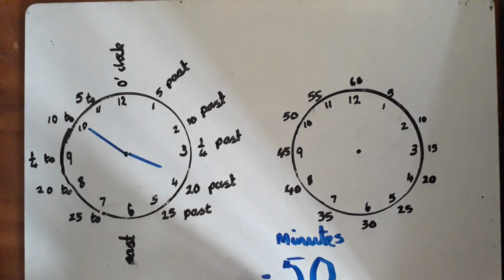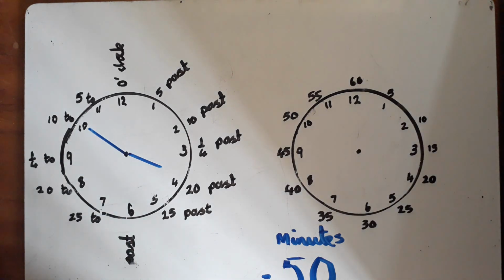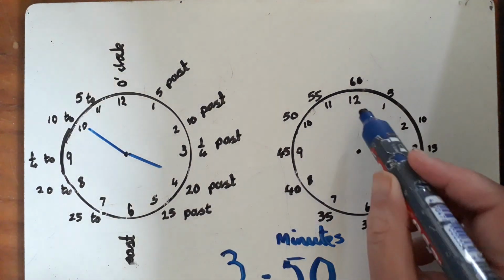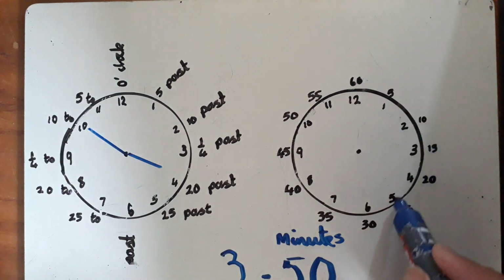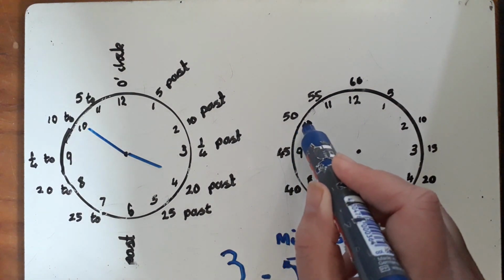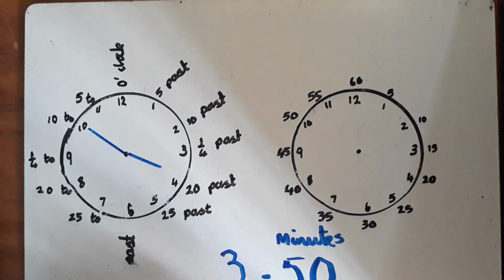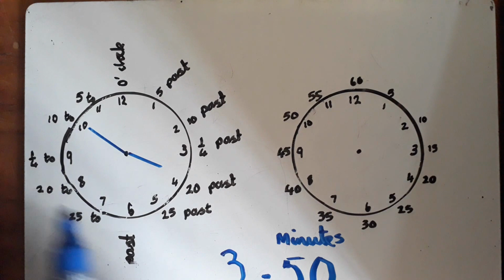This is one of the places that people make mistakes, going between the digital time and the analog time, because we say 10 to 4, but it hasn't got to 4 o'clock yet. So we don't put 4 here, we put 3. Because it was 3 o'clock, the minute hand has gone all the way round up to here, which means 50 minutes have gone by after 3 o'clock. So the digital time is 3:50 and the analog time is 10 to 4.